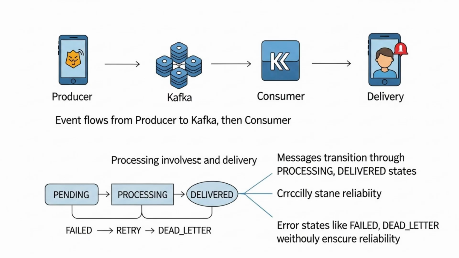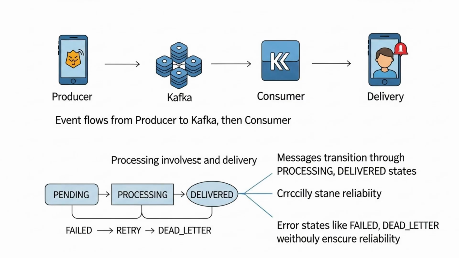Now, let's trace a message's journey through this optimized system and understand the critical state transitions. It all begins when a producer sends an event, like a mobile app posting, "User A liked your post." This message then swiftly lands in a Kafka topic, specifically the critical notifications topic in our example. Our low-latency consumer polls for this message, grabbing it in just 1 millisecond thanks to our optimized settings.